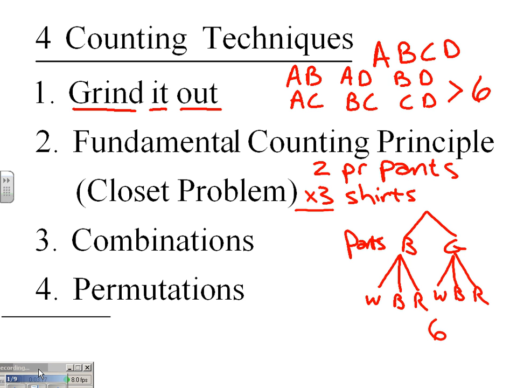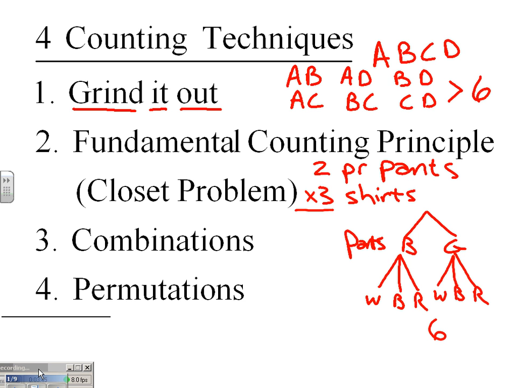So if we're going to make some choices and then make choices and then even further make more choices, we can just continue the progress of multiplying the number of choices along the way. So I have two choices of pants, three choices of shirts. I'm going to choose two, and I'm going to choose three. Very oftentimes when we use the word and, we can just substitute multiplication for and.